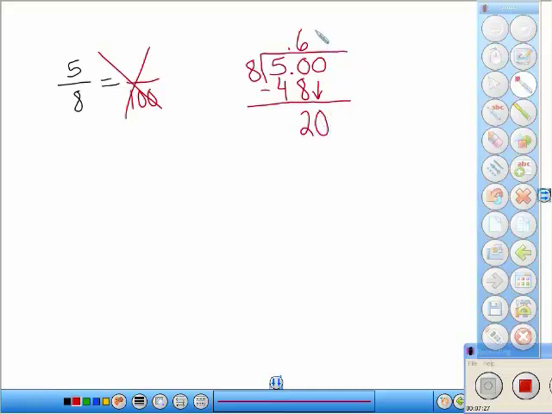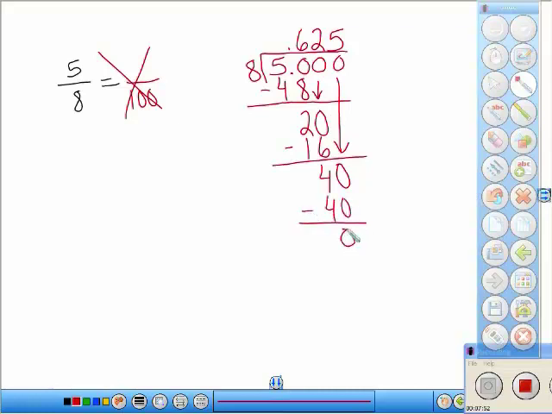8 goes into 20 2 times. Multiplying would give me 16. Subtracting would give me 4. Bring another 0 down, and do it one more time, and now, oh good, it's going to come out evenly. 8 goes into 40 5 times. Multiplying would give me 40, remainder 0. So there's my decimal, 0.625.